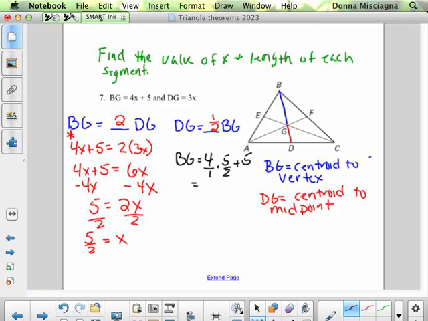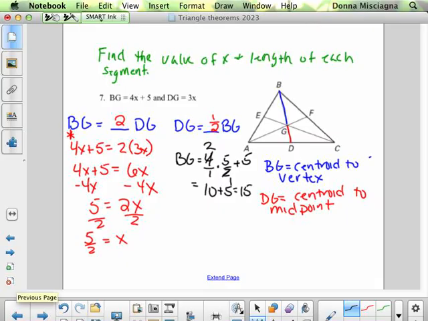All right, so when you're multiplying, I can either multiply numerator by numerator, denominator by denominator, and then reduce, or I can cross reduce when I'm multiplying. So 4 divided by 2 is 2. And 2 divided by 2 is 1. I could reduce those. So 2 times 5 would be 10. Plus 5 is 15.